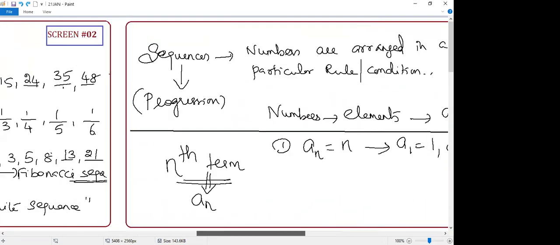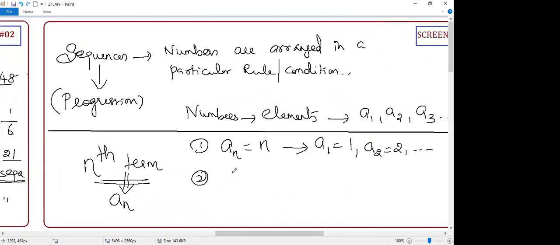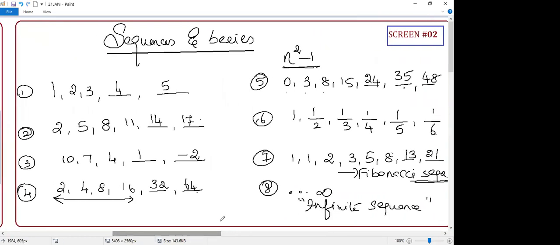Similarly, anyone can tell me what is the nth term of the second sequence? Are you able to find the common rule from which you can write your nth term? Guys, tell me what is the nth term here? You tell me some rule, students. I'm going to substitute n equal to 1, n equal to 2, and I should get these numbers.